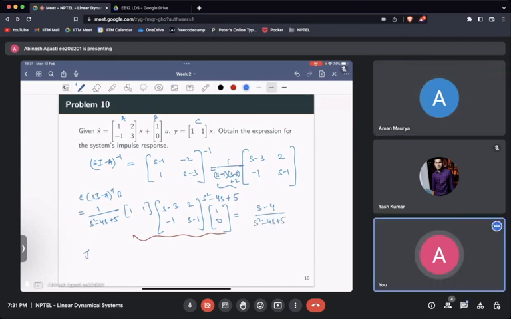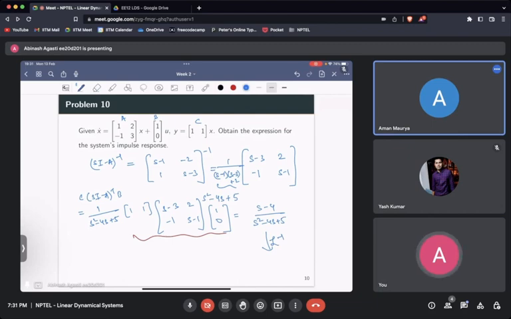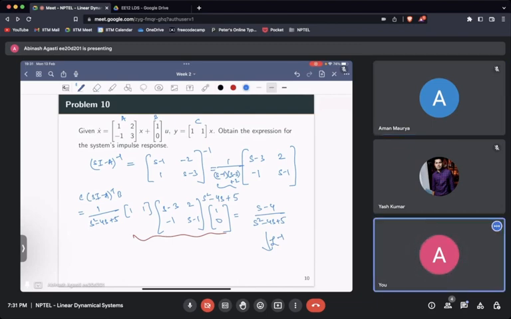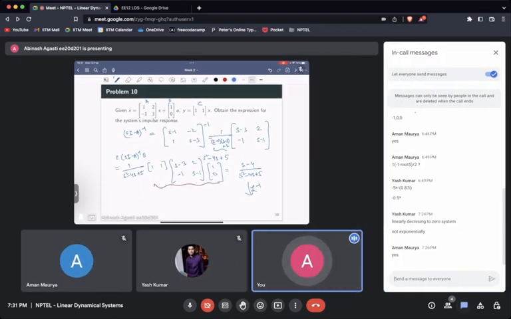Okay. So tell me what is the Laplace inverse of this transfer function? Yes. So let's wait for others as well and put the answer in the chat box.